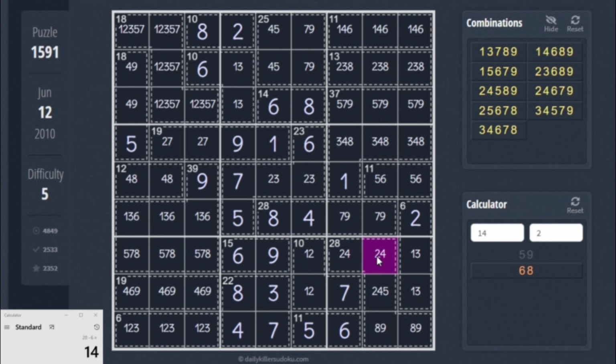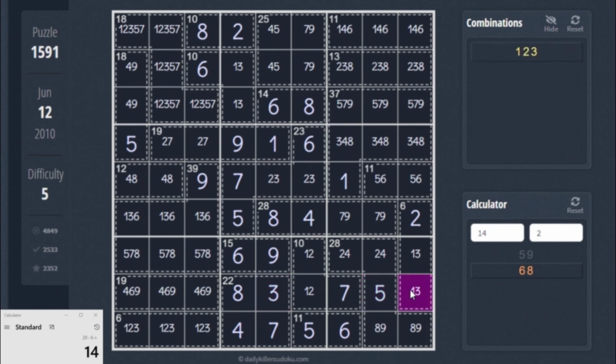We get 2 and 4 pair, so we can remove 2 and 4 from this candidate. 1 and 3. 3 already used, so we remove 3.